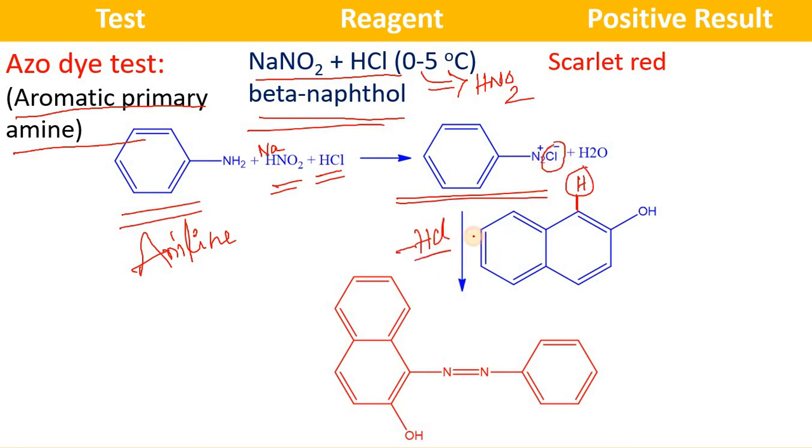So there is a removal of HCl and there is a formation of scarlet red colored compound. So in azodye test, when you treat aromatic primary amine with HNO2 and beta naphthol, there is a formation of a scarlet red colored compound. This is the azodye.